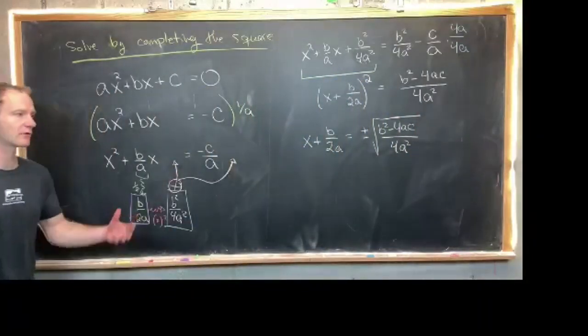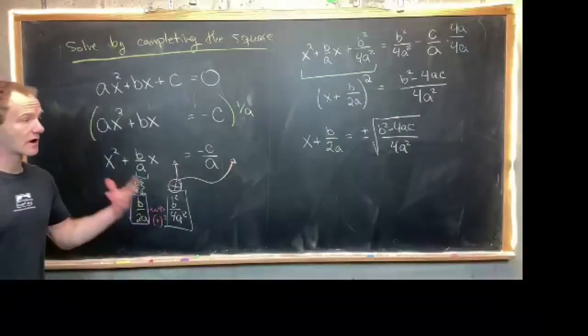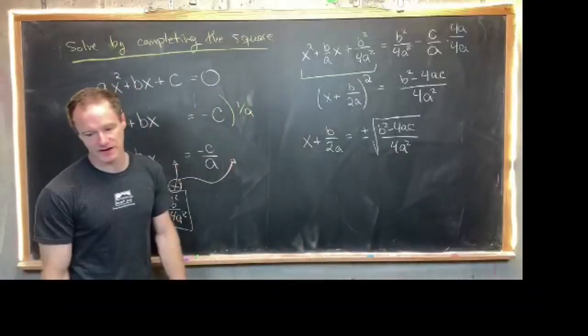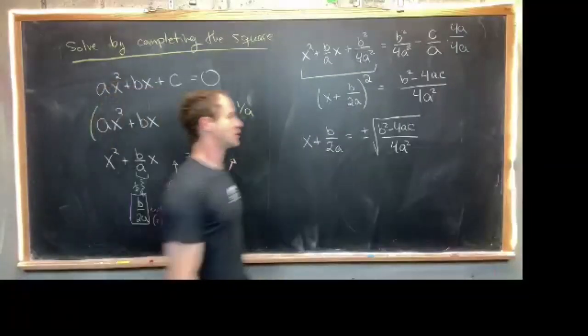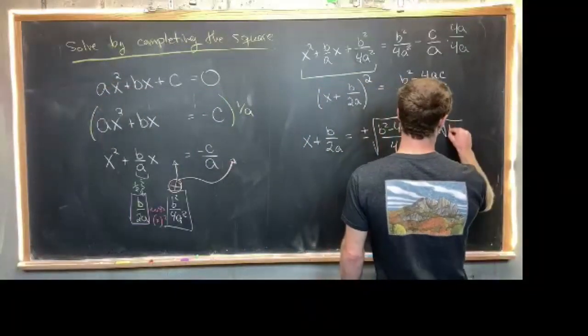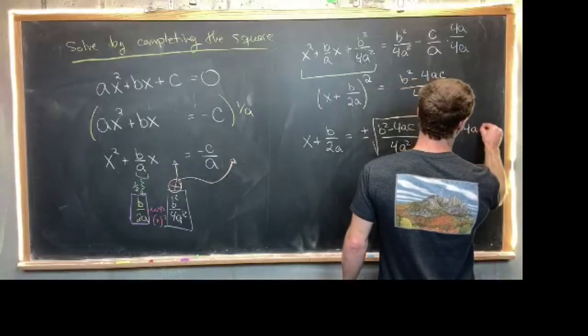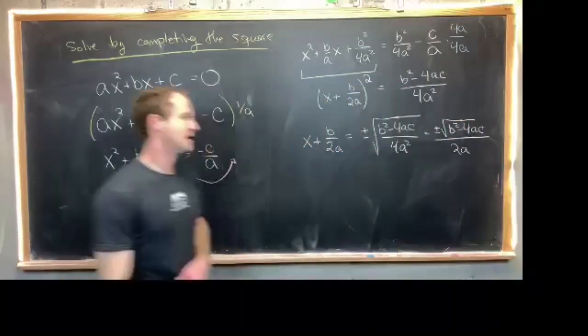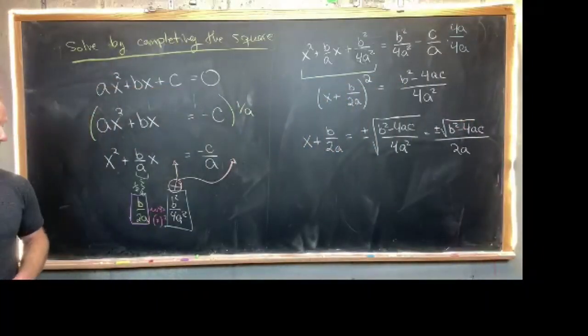I took the square root of both sides, but we're in luck because this denominator is a perfect square already. So we can rewrite this as plus minus the square root of b squared minus 4ac over 2a, where I've taken the square root of that denominator.